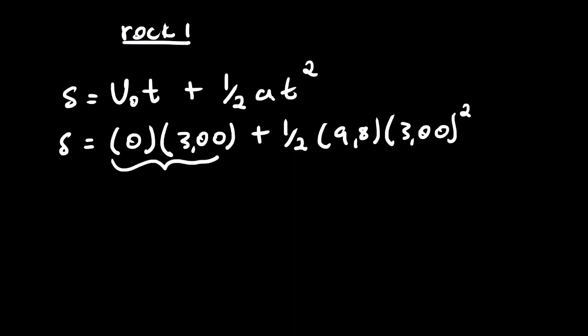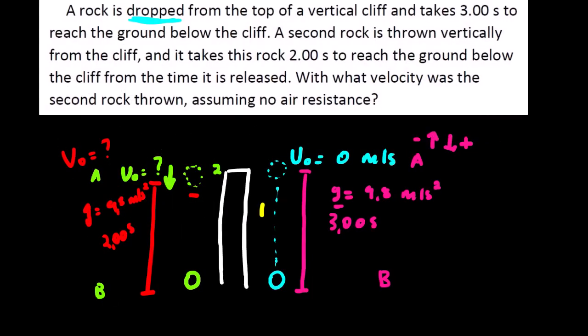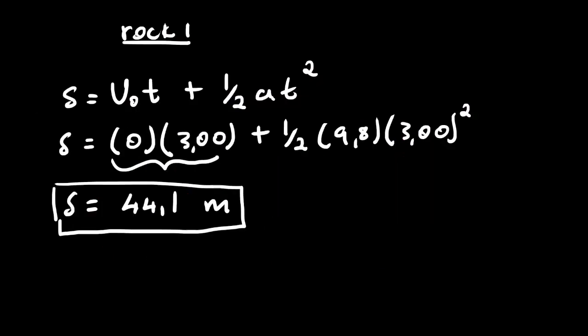So we know that this will result into 0. So our displacement is 44.1 meters. That is the height of the cliff. So we have 44.1 meters. So with this information, we can go ahead and calculate for rock 2.